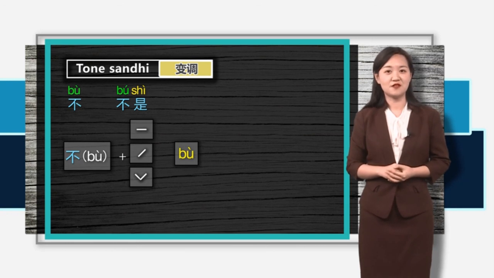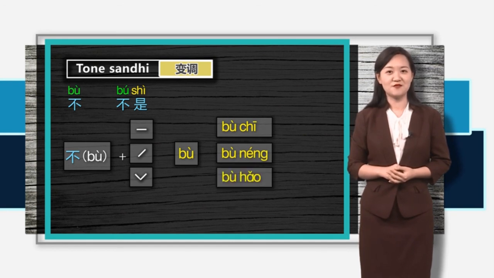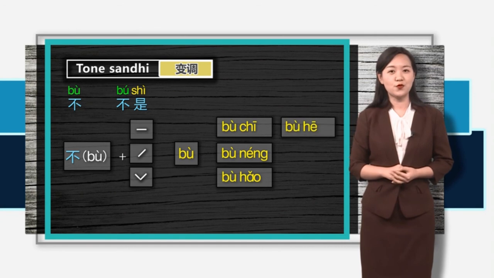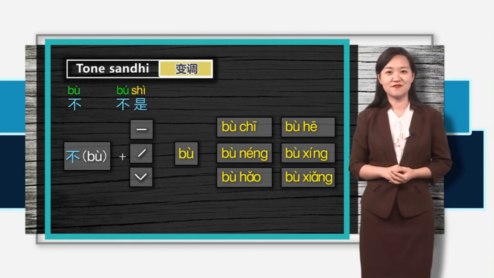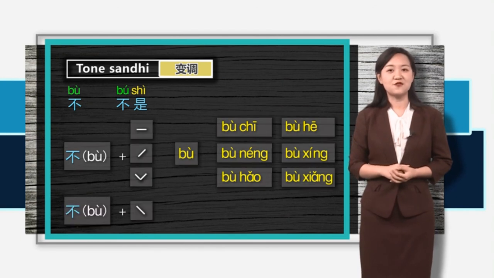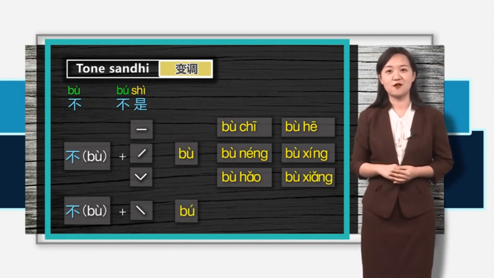For example, 不吃，不能，不好，不喝，不行，不想。When 不 is followed by a syllable in the fourth tone, its tone will be changed into the second tone.